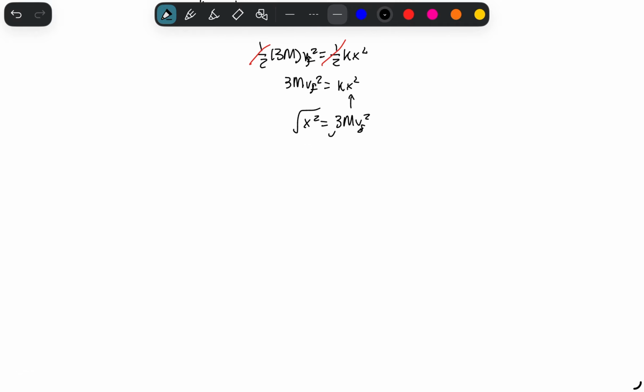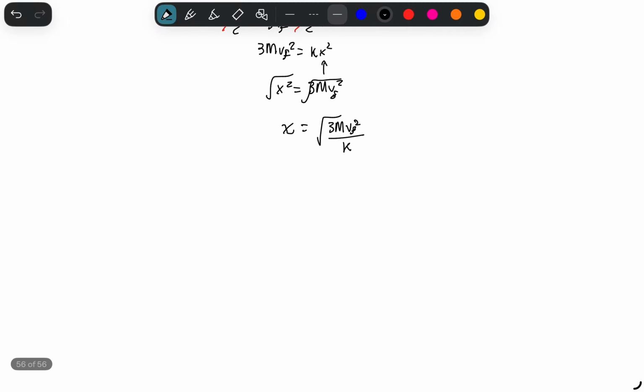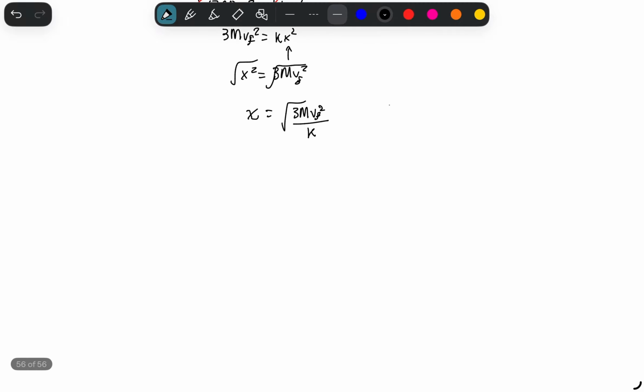So we can take the root of both sides, and x is equal to the root of 3m v1 squared over k. If we wanted to, we could take that v out as well. But here, what we're going to do is substitute in v1 is equal to 2v over 3.